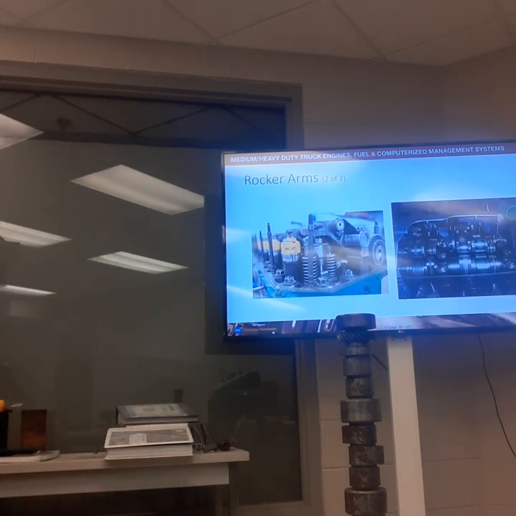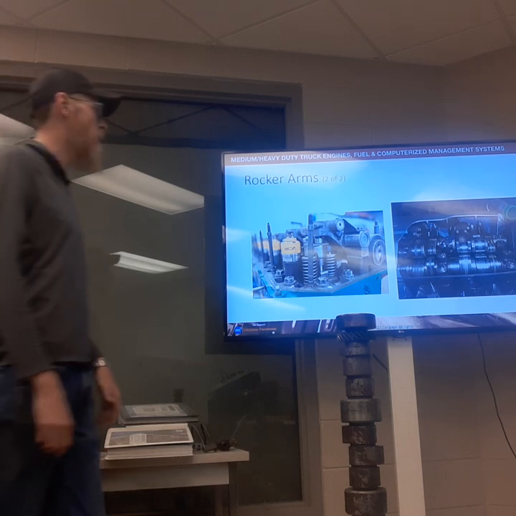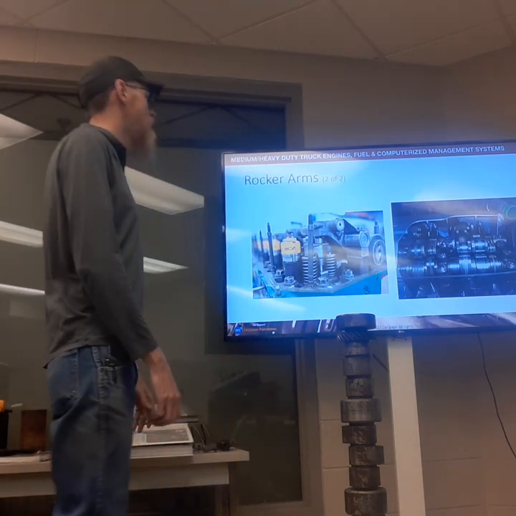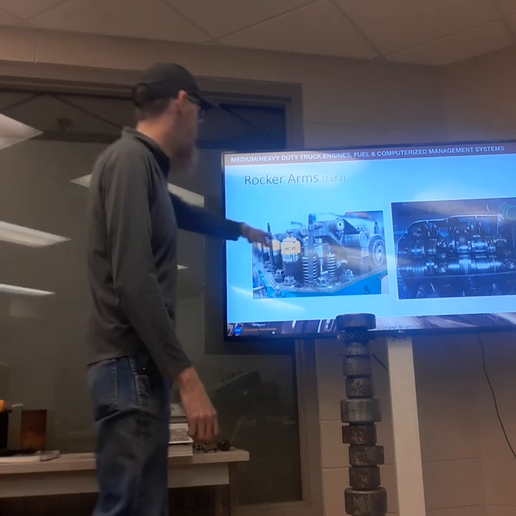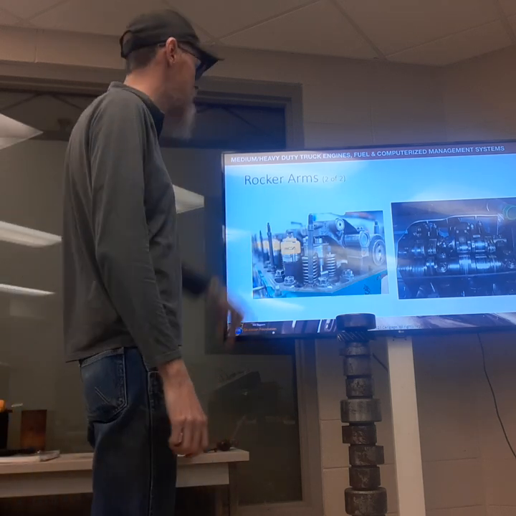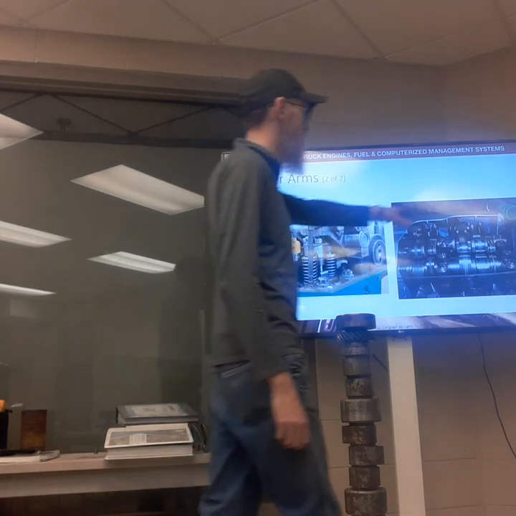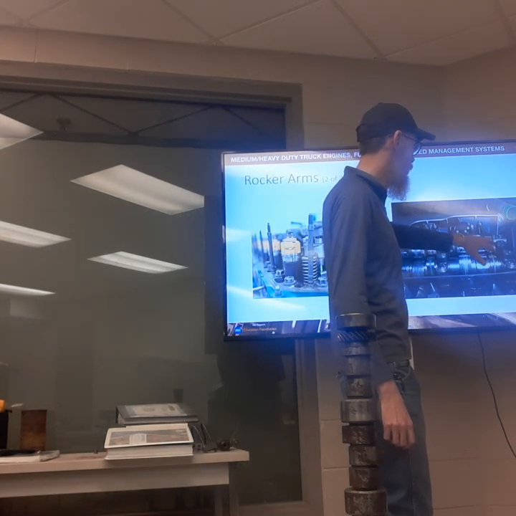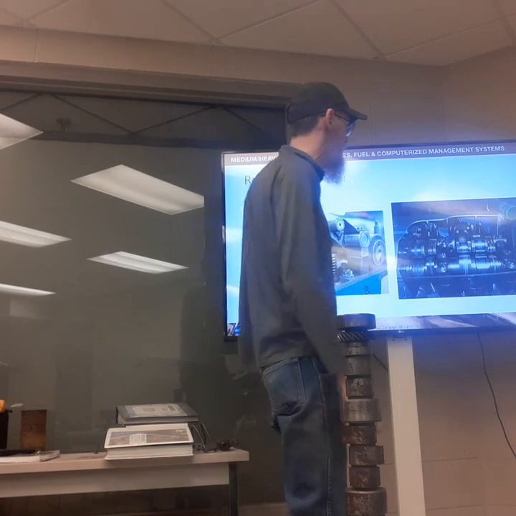And our next slide, labeled the rocker arms in the PowerPoint, shows some up-close views of the valve train. In one, we have an electronic injector on the left. In the example on the right, we can see our rocker arms. They have a roller where they interact with the camshaft.